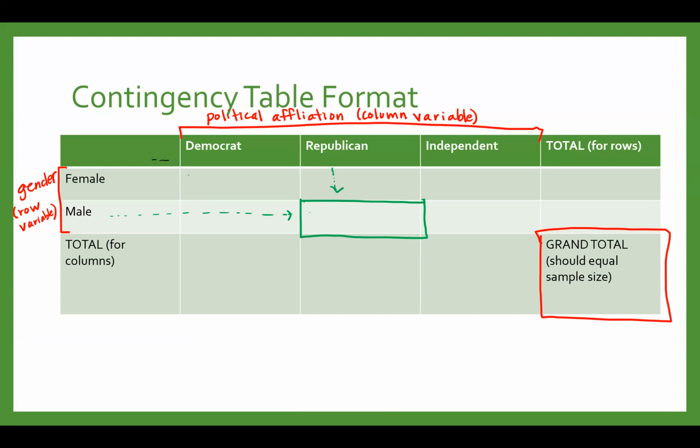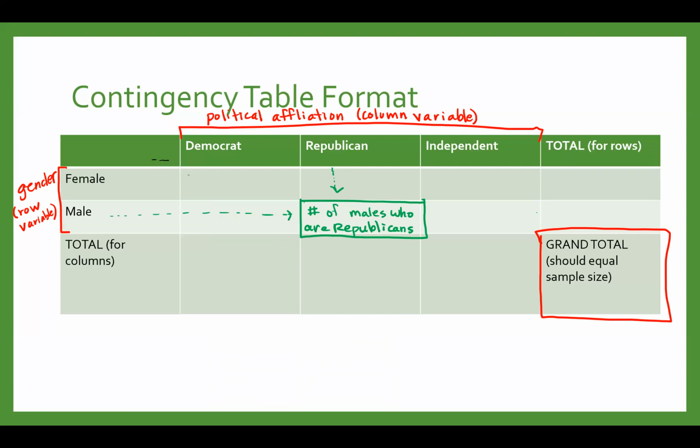So this would represent the number of males who are Republicans, or you could say it the other way, the number of Republicans who are males. But where your column and row meet, you have both characteristics. So that's the number of males who are Republicans.